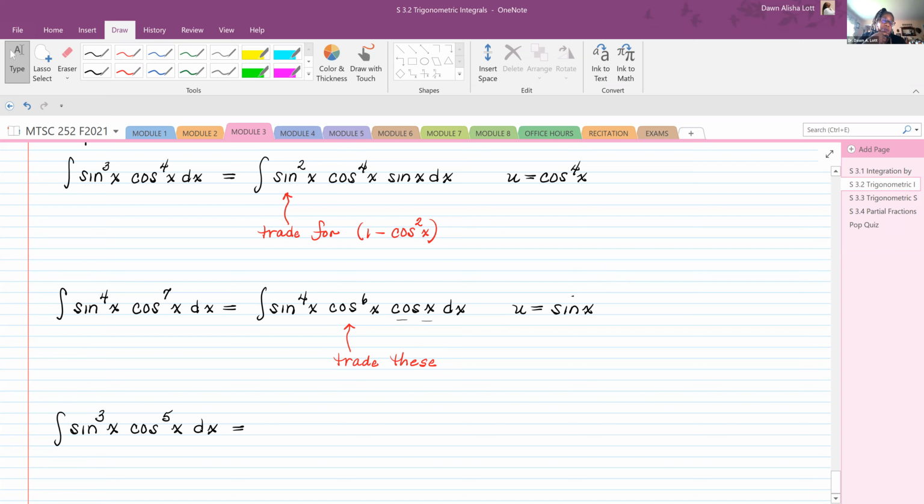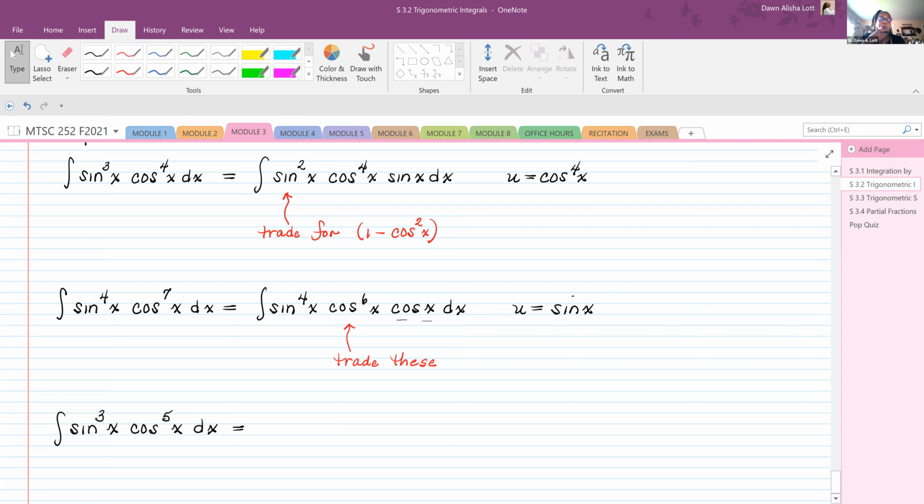You could take off one from cosine because it's odd. You could take off one from sine because it's odd. You have a choice. Which one's easiest?